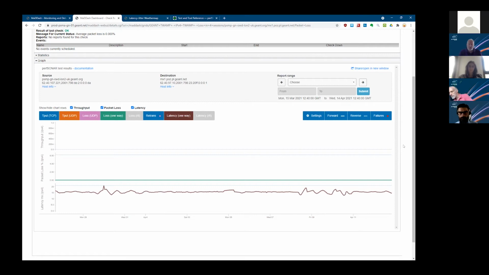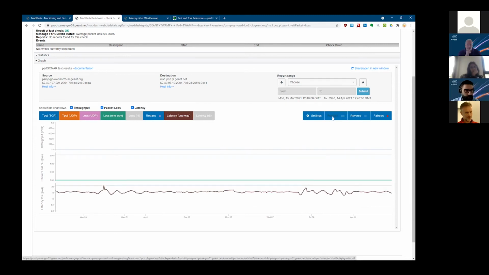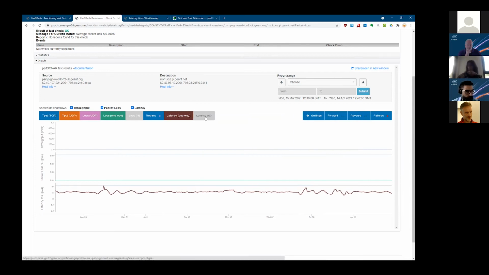But unfortunately, with the current implementation of perfSONAR, it's not possible to get these. So I decided to activate, in addition to that, round trip measurements. I just wanted to show you that when I disable the forward results, there are no other results. So the reverse measurements are just not there, although they are being measured, and I will show you in a minute where.